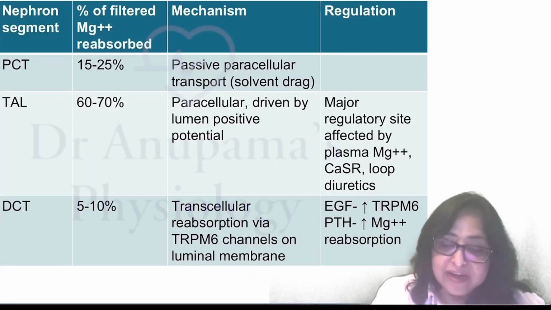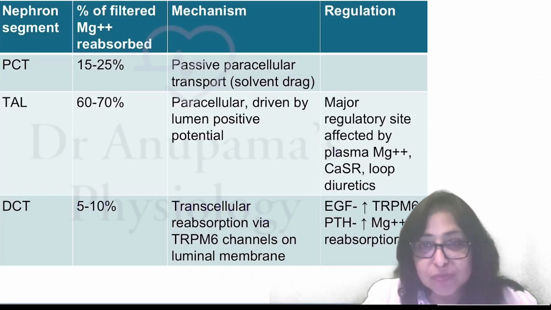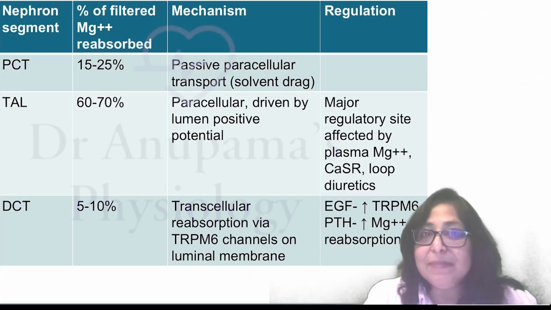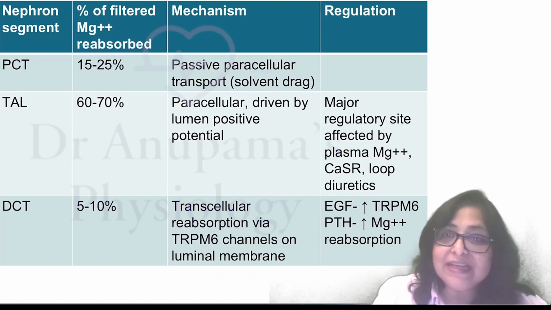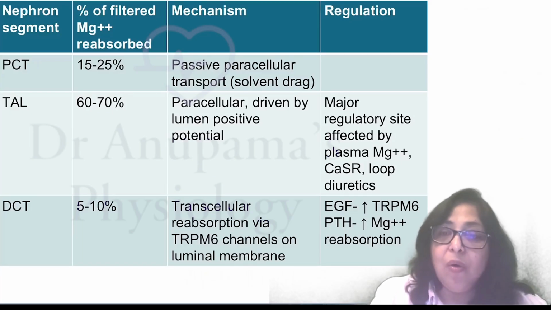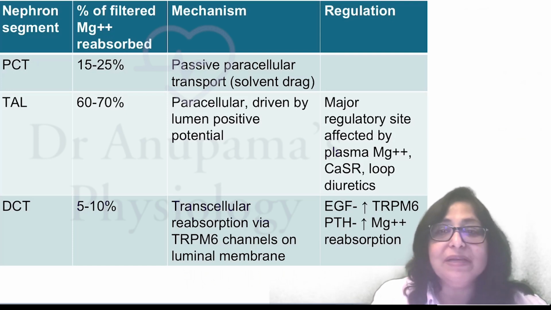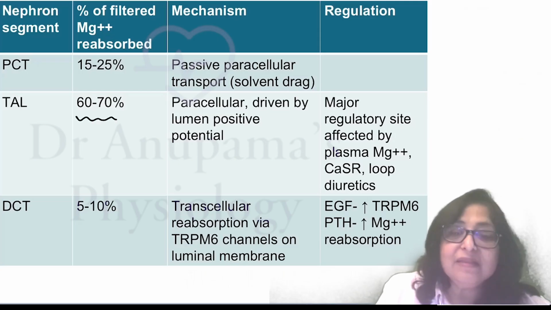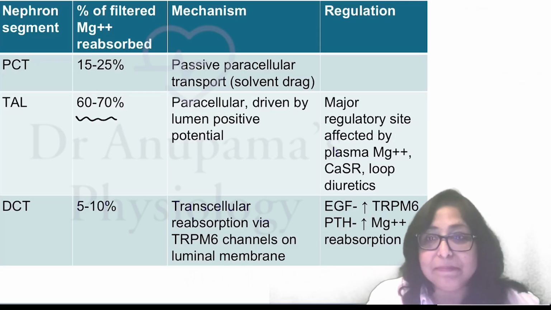Now let's have a look at the sites of magnesium reabsorption. What is the percentage? What is the mechanism? In the PCT, like I just told you, all electrolytes except magnesium are maximally absorbed. Maximum magnesium absorption takes place in the thick ascending limb.